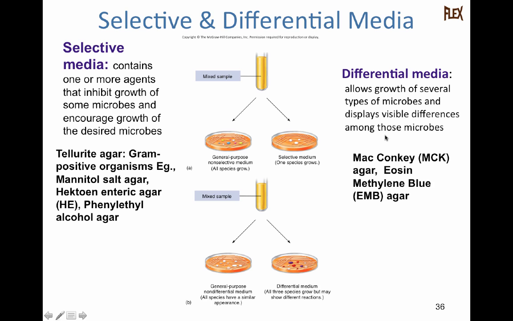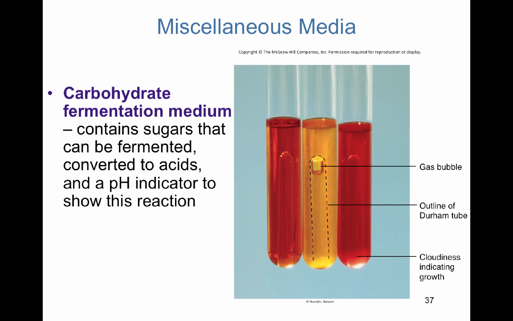Similar here, you could see the different phenotypes on the surface of the agar plates, right? Purple versus red or white colonies. Whereas if it's selective, you're only seeing one. You're selecting for one type. Different types of differential media are MacConkey agar and eosin methylene blue. But it's very important to remember the difference here.